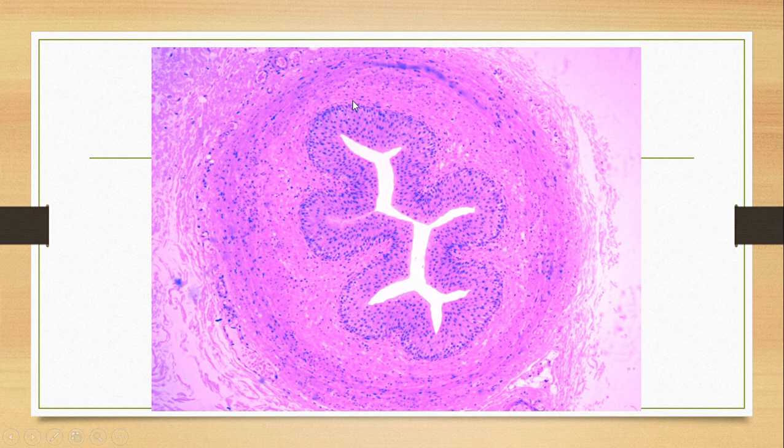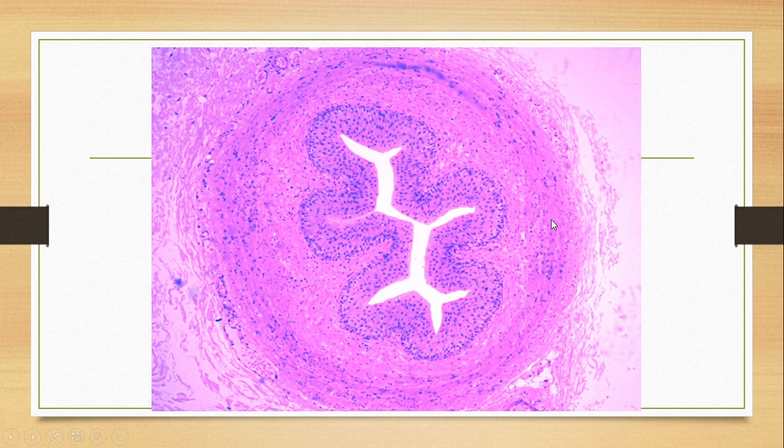Outer to the mucosa there is a muscular layer, the second or intermediate layer, that is the muscle coat. That muscular layer contains smooth muscle running longitudinally and circularly. An inner longitudinal layer of smooth muscle can be seen, and outer to that, an outer circularly running smooth muscle layer.